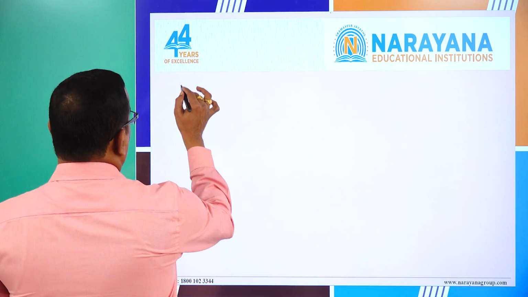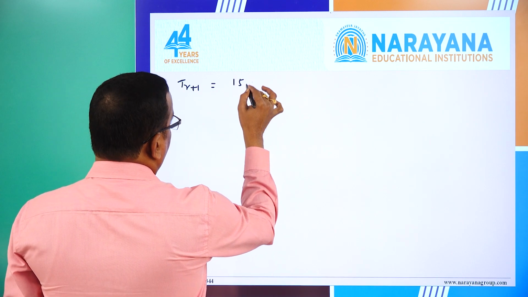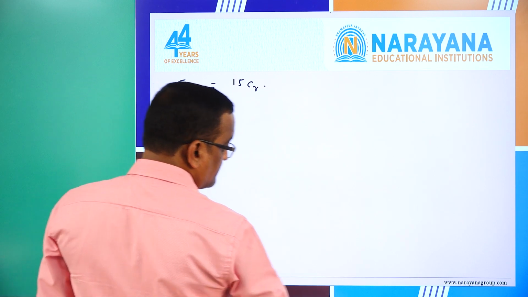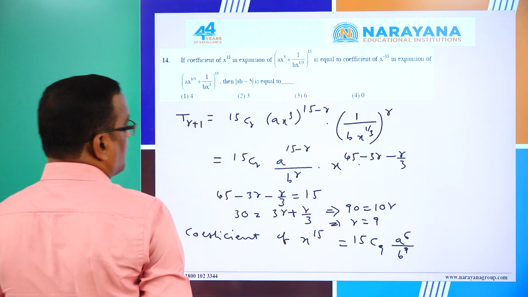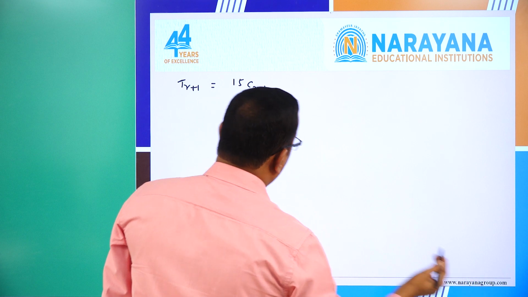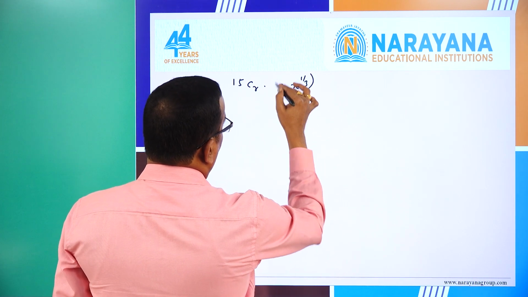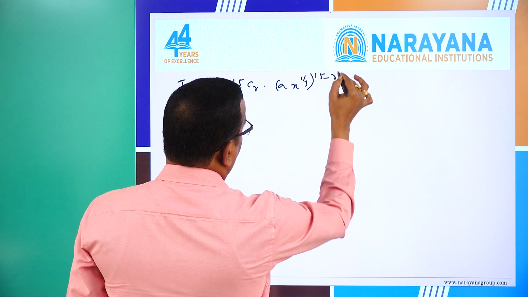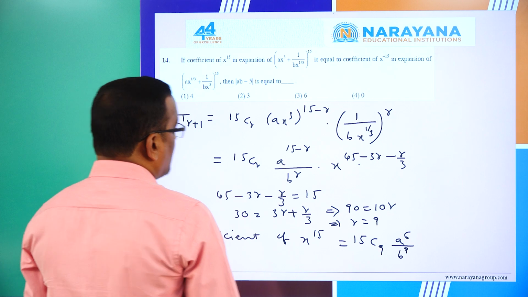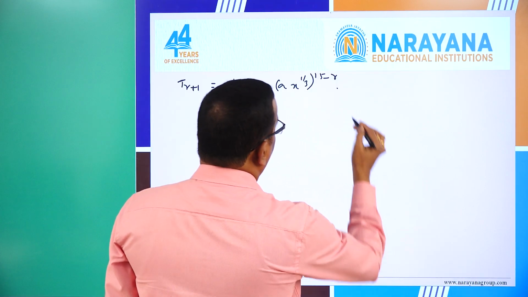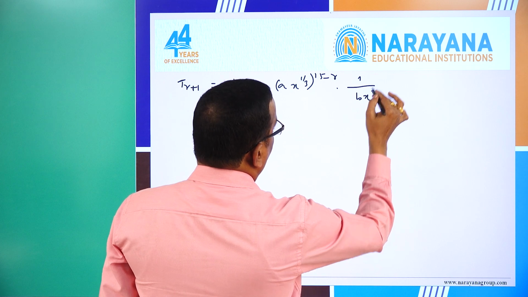T(r+1) of the second one: 15Cr into, this is the second one, (ax^(1/3))^(15-r) into (1/(bx^3))^r.